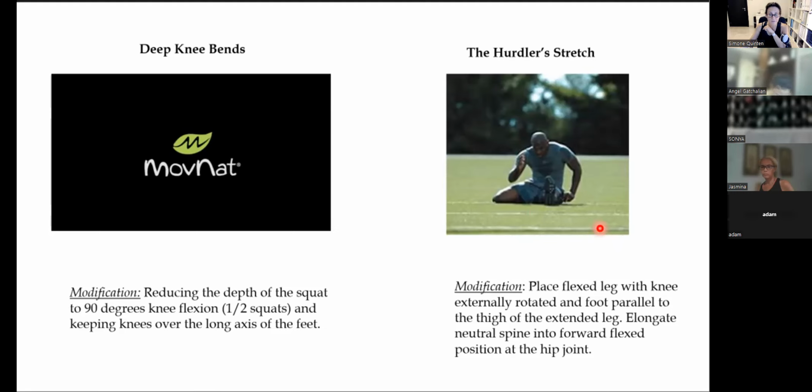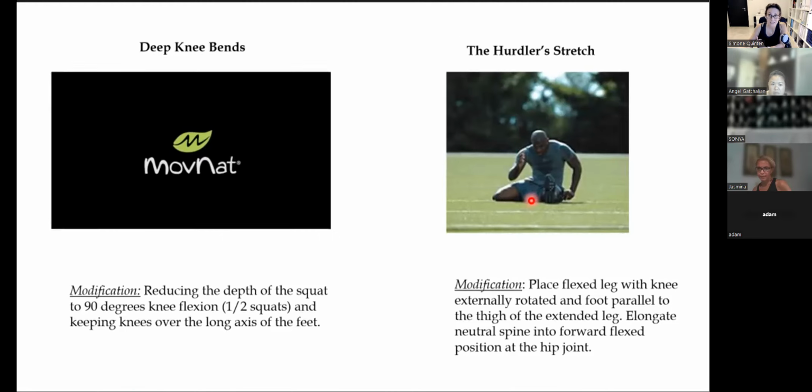But if you have a client who has tight hamstrings, there are different alternatives to stretch hamstrings and quadriceps, okay? Because this one is designed for hurdlers. These are athletes, okay? Again, sport specific. What is the purpose of the exercise, okay?